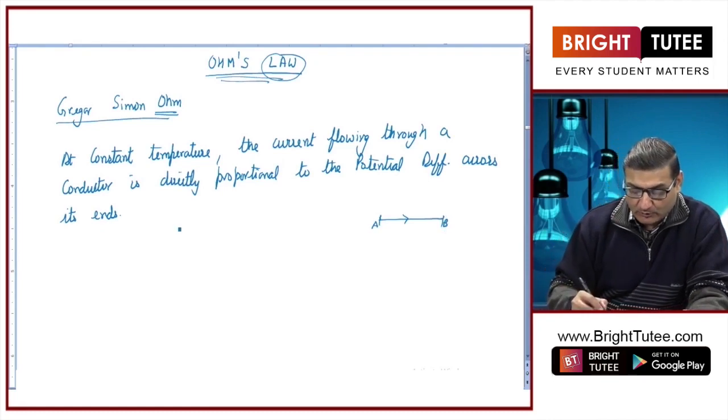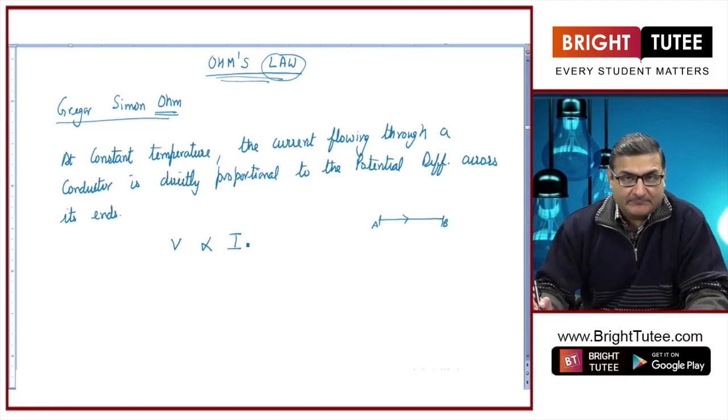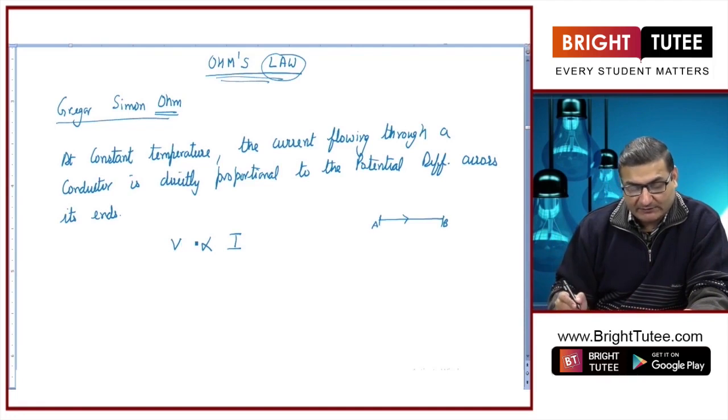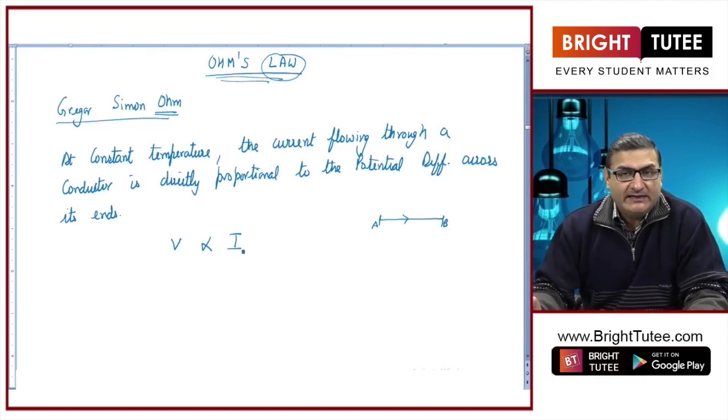Fine. So I can say that potential difference and current are directly proportional to each other, and I represent it by writing V, that is for potential difference, this alpha is the sign for directly proportional, and I is the symbol for current. So V alpha I, or V is directly proportional to current.